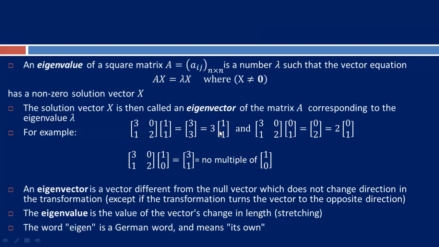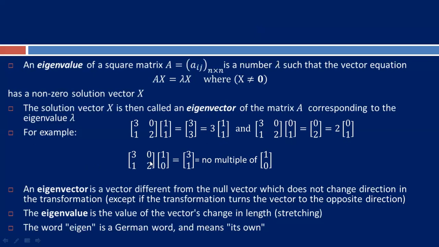The element written with the x matrix is the eigenvalue. Here our eigenvalue is 3. Similarly, here our eigenvalue is 2.